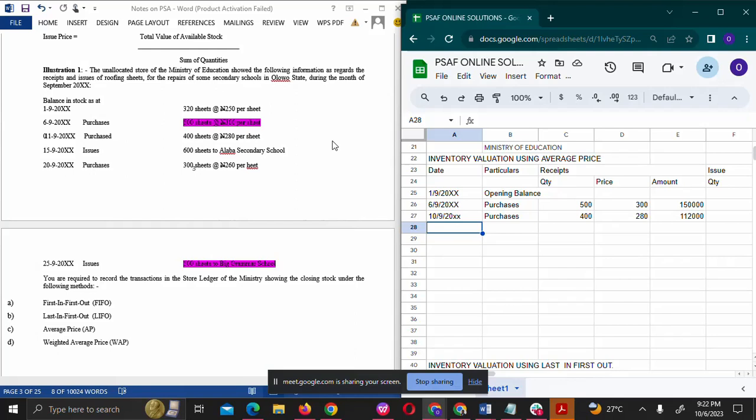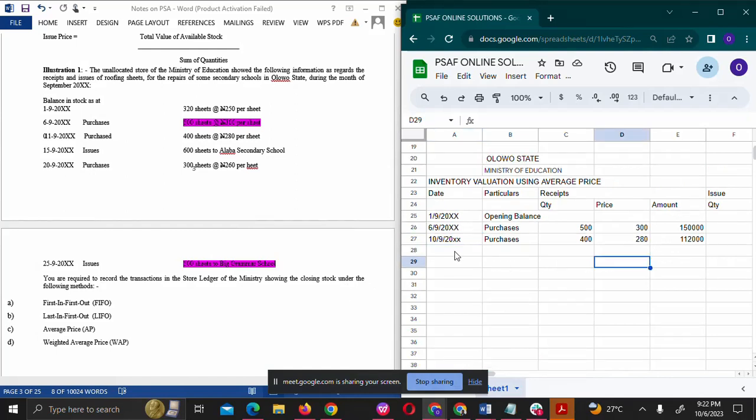So for the next one, the opening balance is the same, purchase is the same, nothing changes. But now the issue will be at the average price, right? Do we agree that the issue will be at the average price?